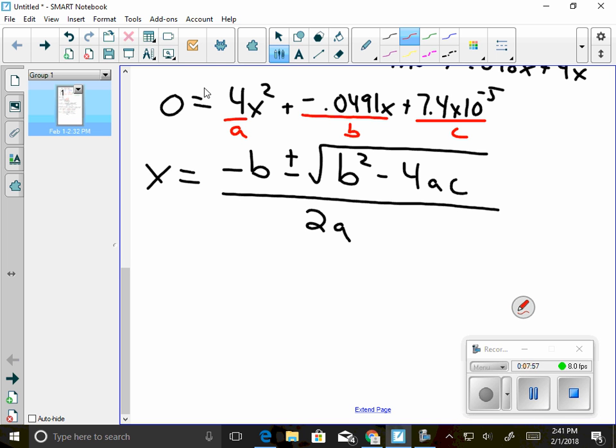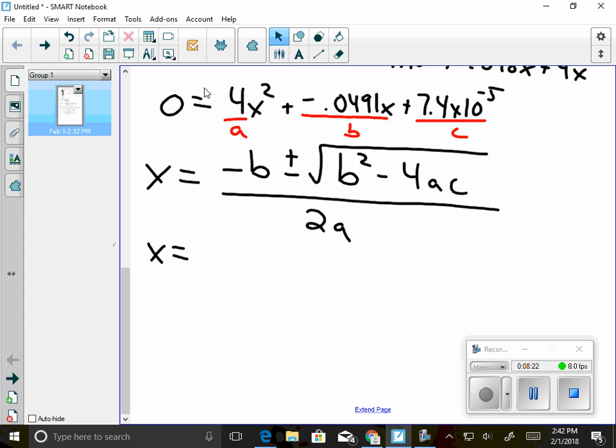And C is the number that does not have a variable in front of it. Some people actually program this into their calculator, so if they can write down the formula 4x squared plus the negative 0.0491x plus 7.4 times 10 to the negative fifth, it'll just plug it in for them right away. I'm going to save us the time of plugging this in and show you the two values that it can equal.